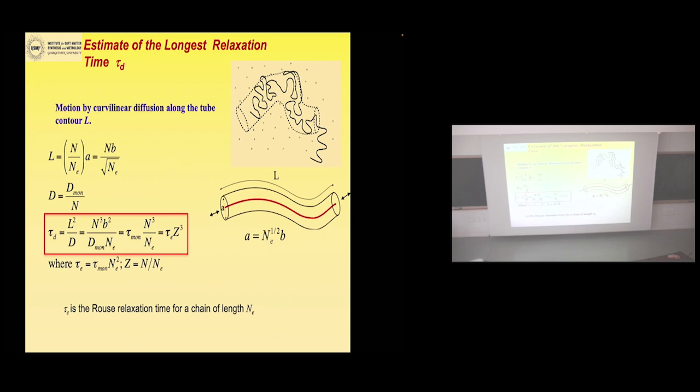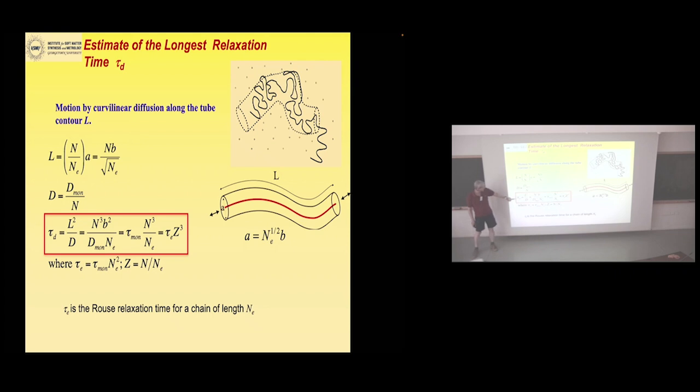Okay. So the way things relax is essentially by diffusing along the tube. I've got a length of tube, which is the number of entanglements multiplied by my tube step. I've got a diffusion constant, similar to what we had before, which is essentially the monomer diffusion divided by the number of monomers.